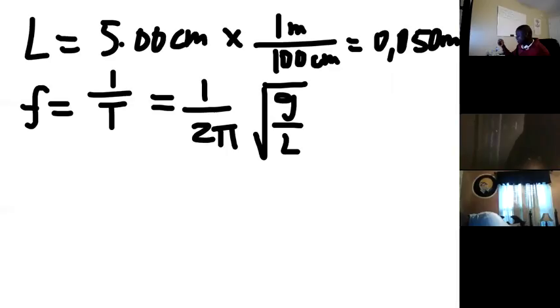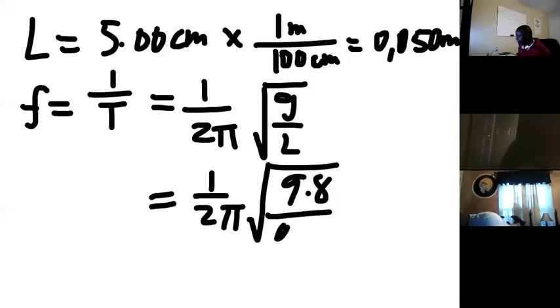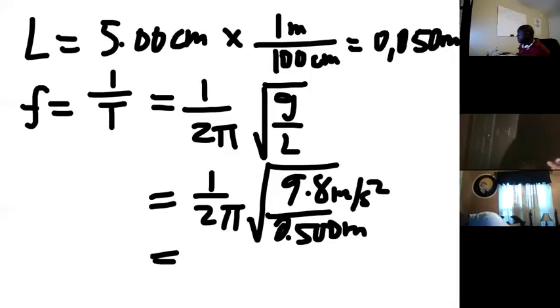Mm-hmm. Okay. So that way, this is 1 over 2 pi square root of 9.8 over 0.500 meters. And this is 2.23 hertz.